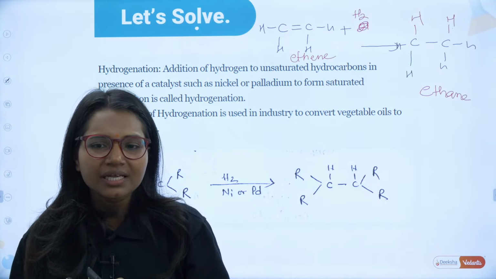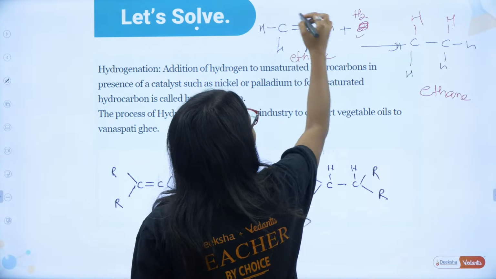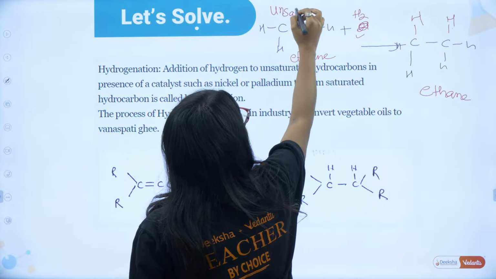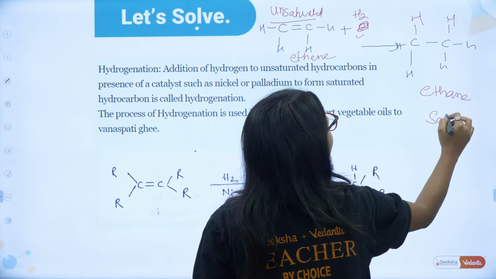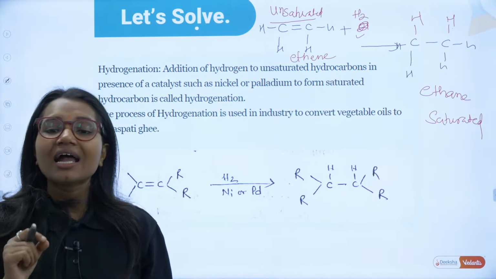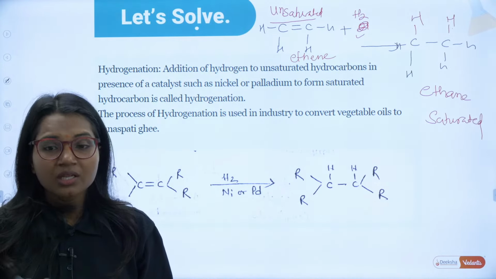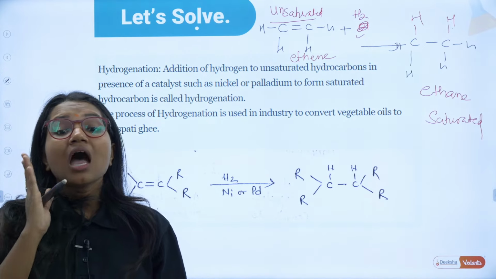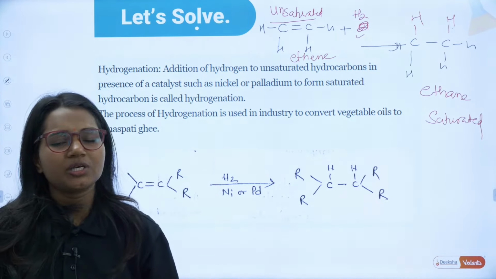Correct. Absolutely correct. So, here we can add hydrogen in the unsaturated compounds and we are converting this into the saturated hydrocarbon. So, what is the meaning of hydrogenation? Addition of hydrogen in unsaturated compounds and converting them into saturated ones.